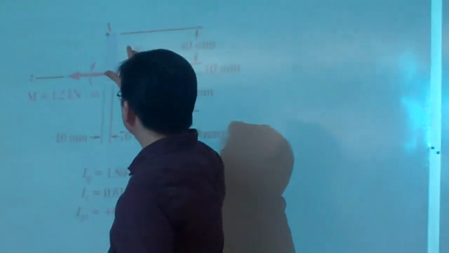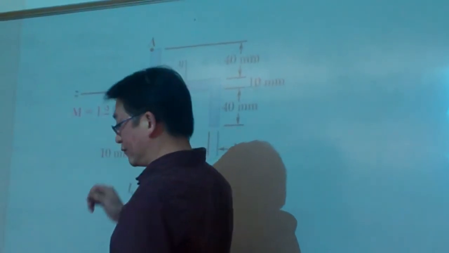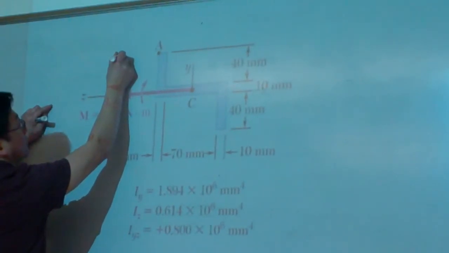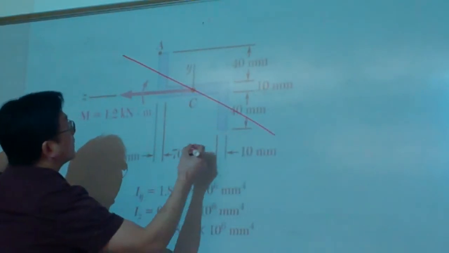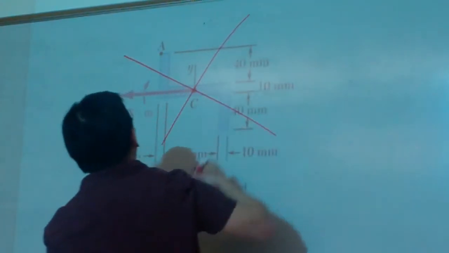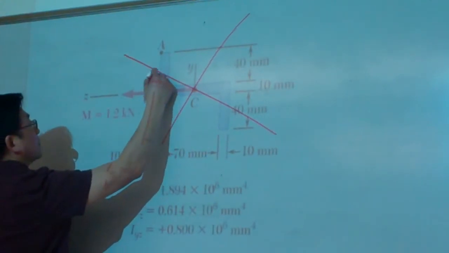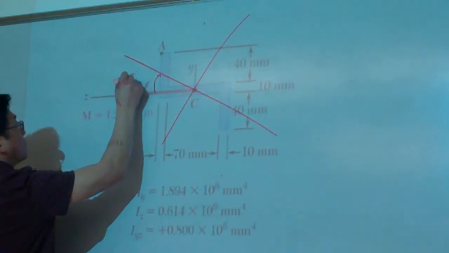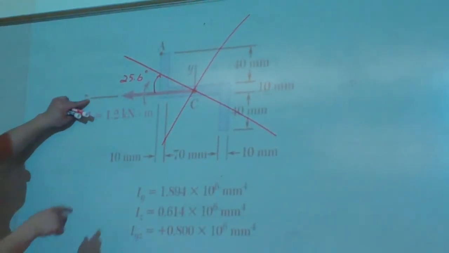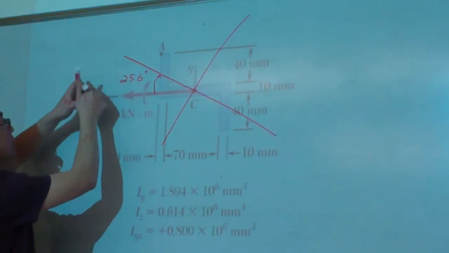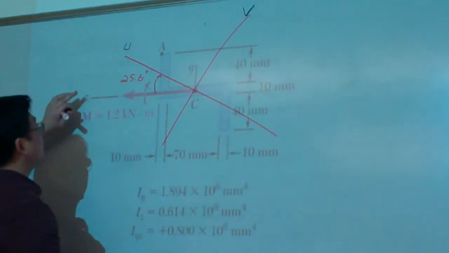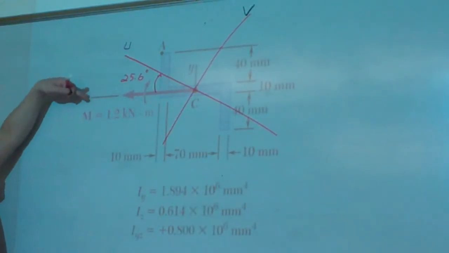So we rotate YZ clockwise by 25.6 degrees. Let me draw that here. And this angle is 25.6 degrees. So under this situation, Z rotates to here, and let me label this as the U axis, and this as the V axis. Basically, U is the transformed axis from Z.